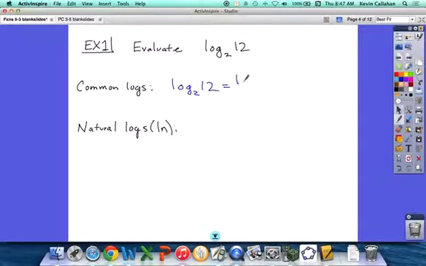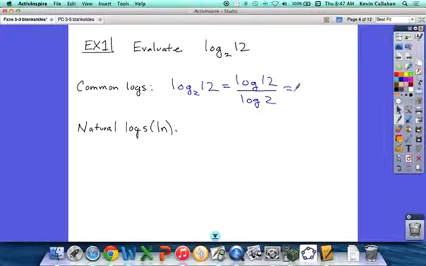What would be in the top? Try again. You had a 50-50 shot. The 12 goes in the top, the 2 goes in the bottom. And that's something you can just put in the calculator. Log of 12.